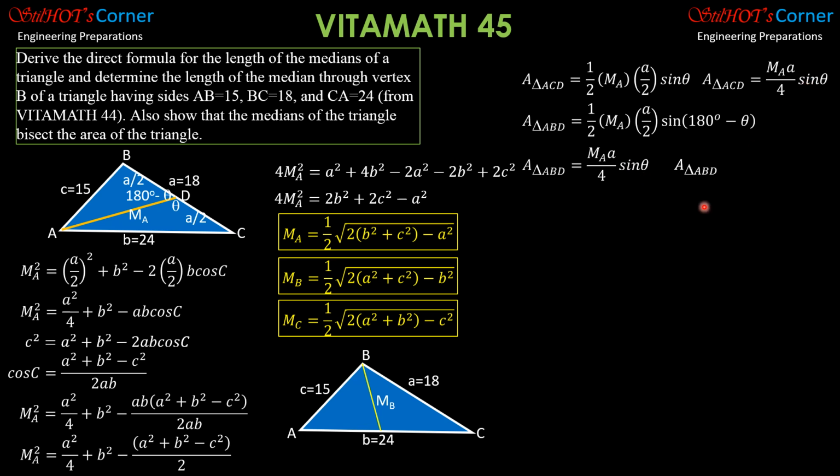So we conclude that area of triangle ABD is equal to area of triangle ACD, and that verifies that the medians really bisect the area of the triangle. So that's the proof. Then considering this triangle here, we use the direct formula.